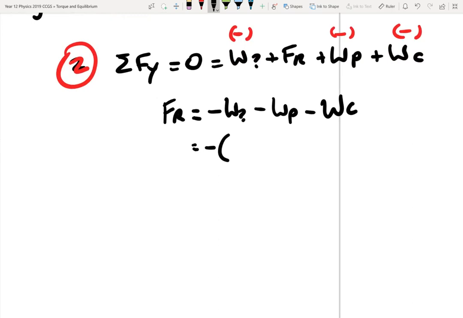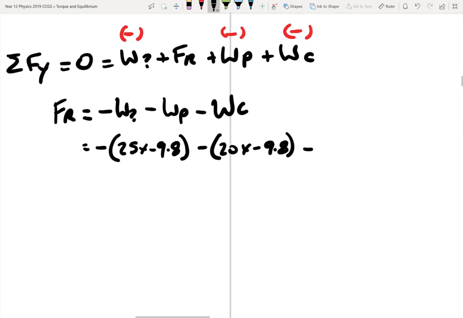So now negative 25 by minus 9.8 minus plank was 20, and so too was the child. You get 3 double negatives, all producing plus 637.